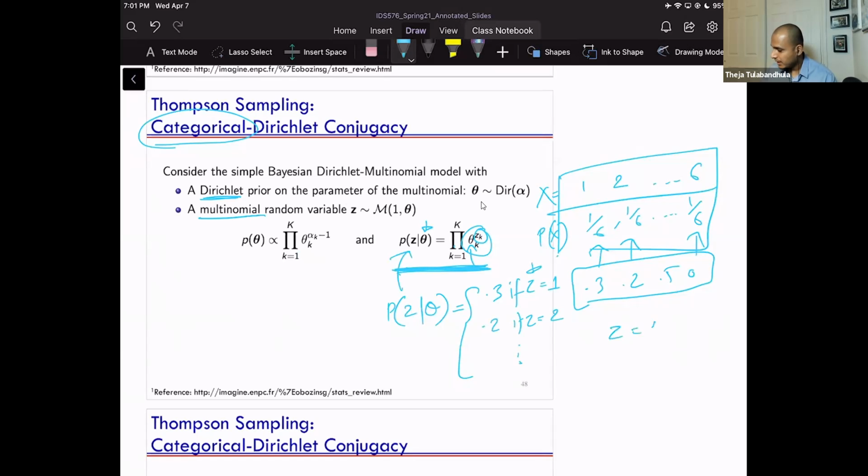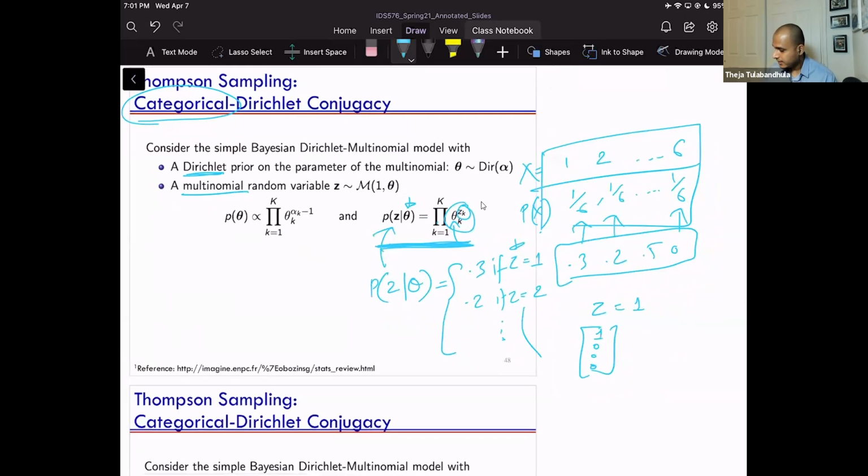When I say z is equal to 1, I'm saying that the z vector is 1, 0, 0, 0. In the second location, z is equal to 0, 1, 0, 0. So this is the categorical outcome. You just think of a vector where the first coordinate is 1 if the first outcome happens, the second coordinate is 1 if the second outcome happens. So this is the likelihood function for the categorical variable.